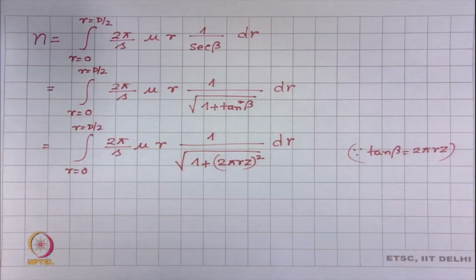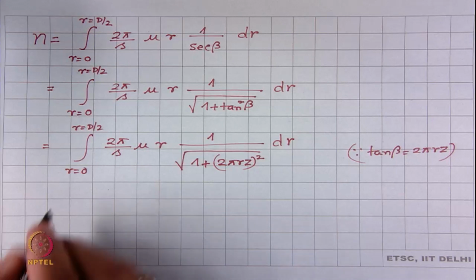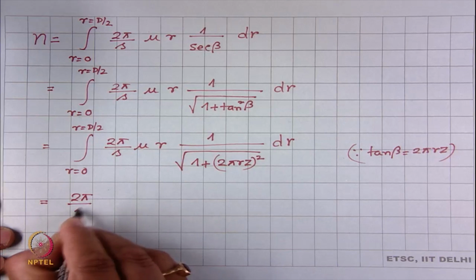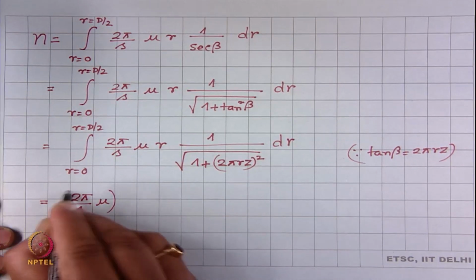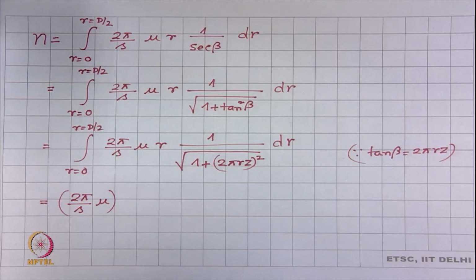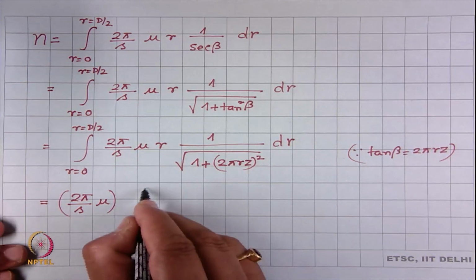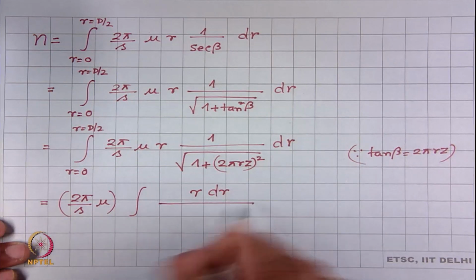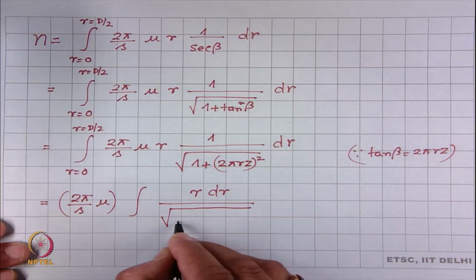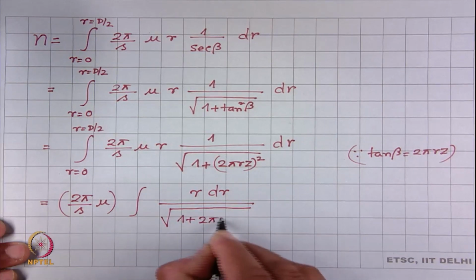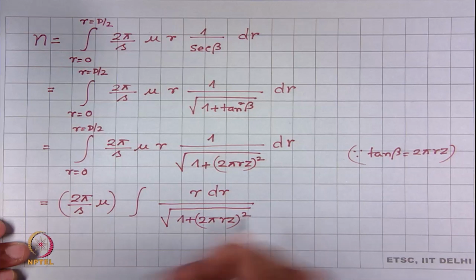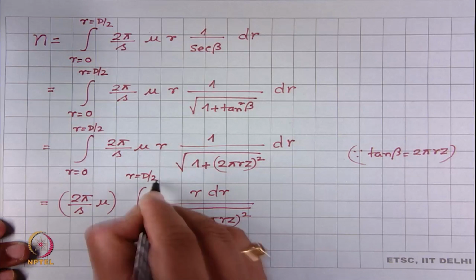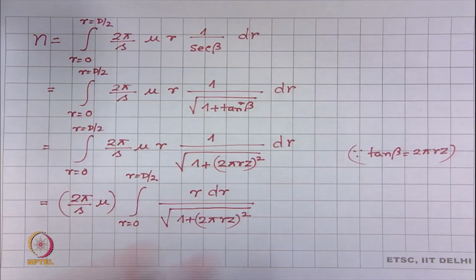Now, we will be able to write it in a better manner. n is equal to 2 pi by s into mu, this we assume to be a constant, integration r dr over 1 plus 2 pi r z square. This integration we have to solve.